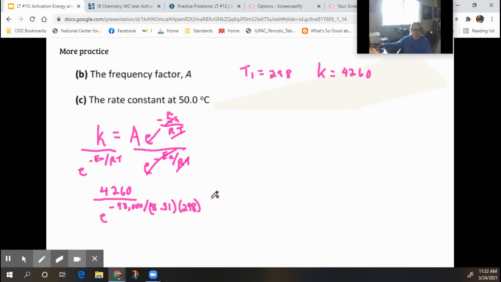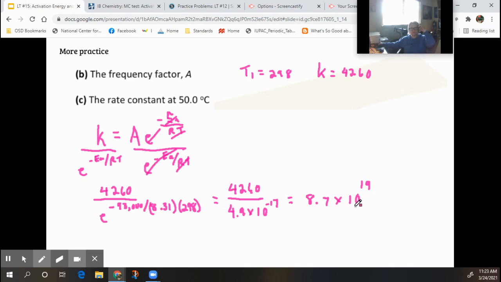So order of operations here, I'm going to solve the exponential in the denominator first and then divide it into the numerator. So this turns into 4,260 divided by 4.9 times 10 to the negative 17th. And then when I do this last bit of division here, I am going to find that I get 8.7 times 10 to the 19th, positive 19th.